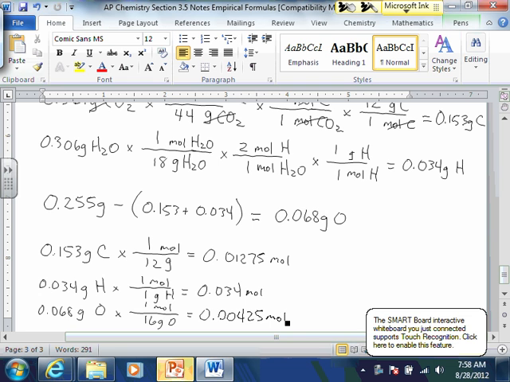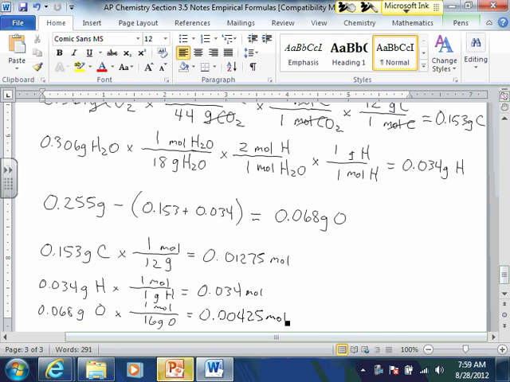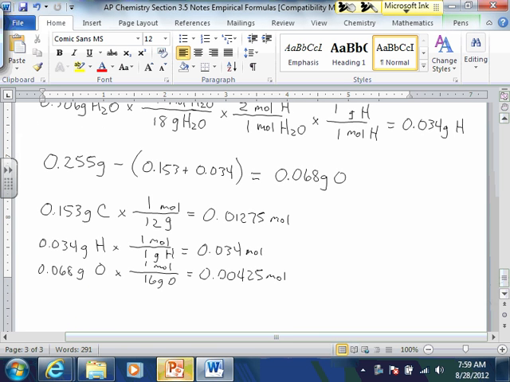Okay, so our smallest number is the oxygen at the bottom, 0.00425. And so we're going to divide by the smallest here. See if I've got any more room. Okay, I do. Let's see what we end up with here.